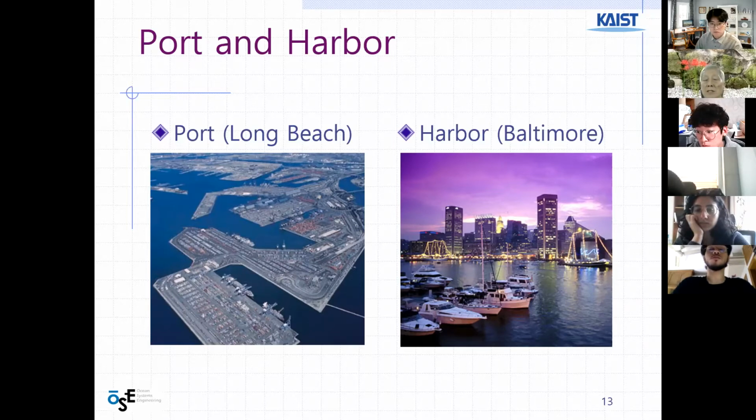But nowadays, it is too small because the ships are becoming bigger and bigger. So they cannot enter this Baltimore harbor. So only small ships are used, so that it is not anymore a commercial area. Something like cargo ships are coming. So they are doing different roles nowadays.